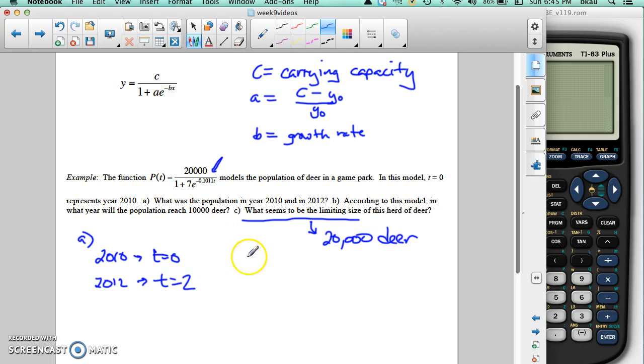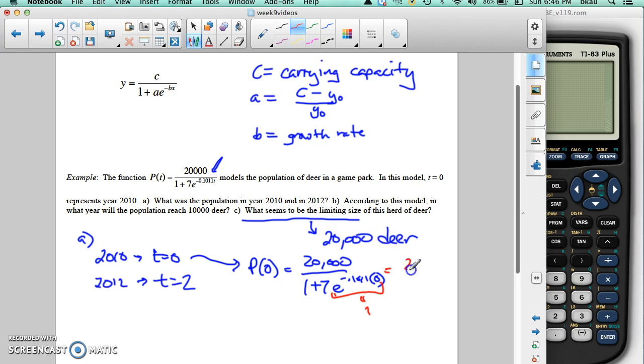All right, so to get T equals 0, that should be an easy one to evaluate because anything to the 0 power is 1. So I have 20,000 over 1 plus 7 e to the negative 0.1011 times 0. All of this right here is going to equal 1 because that's all to the 0 power.